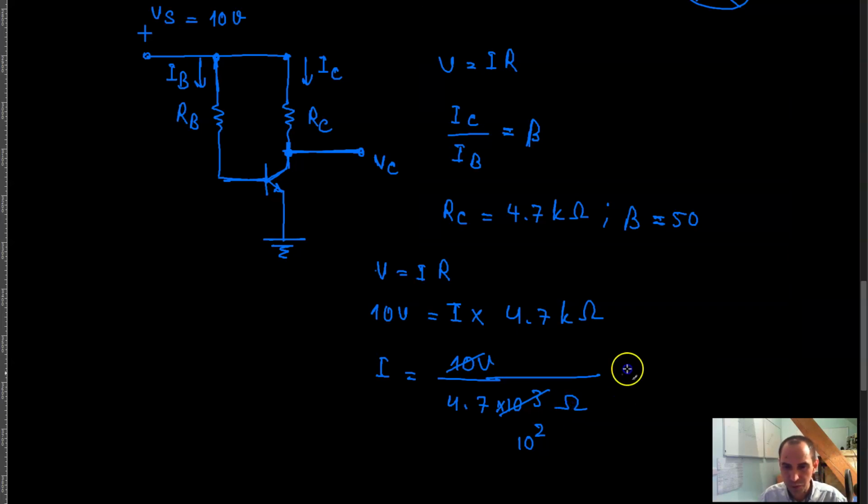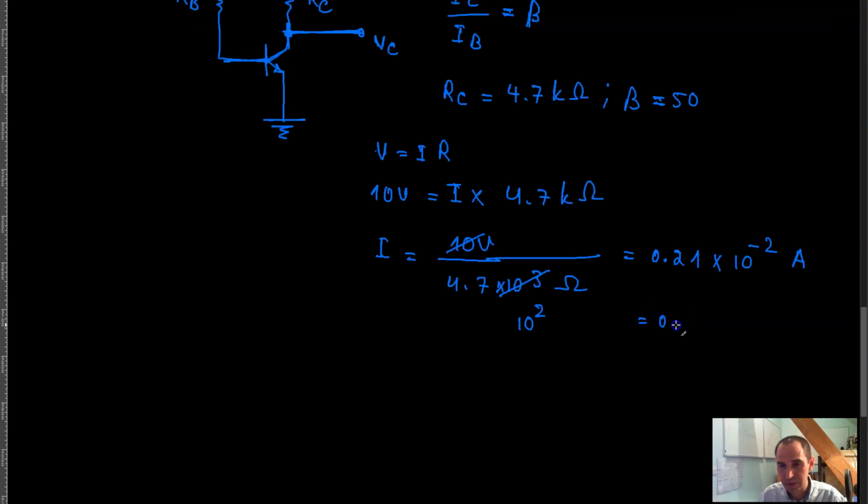So that's 0.21 into 10 raised to the power negative 2, and the unit would be amps. That's the same thing as 0.0021 amps, which is the same thing as 2.1 milliamps, right?